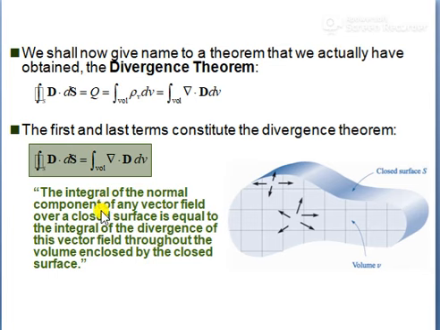By knowing the Q value, you can evaluate directly. That is, D dot dS is equal to del dot D dv, and it is also called the Gauss-Ostrogradsky theorem. With the help of the divergence theorem, a surface integral can be converted into a volume integral. Right?